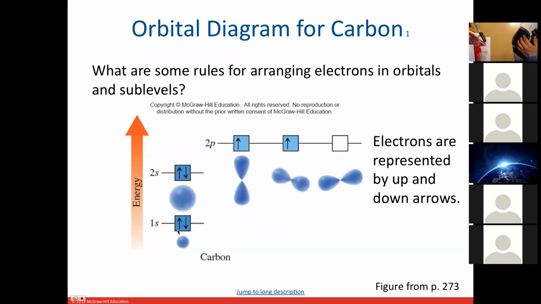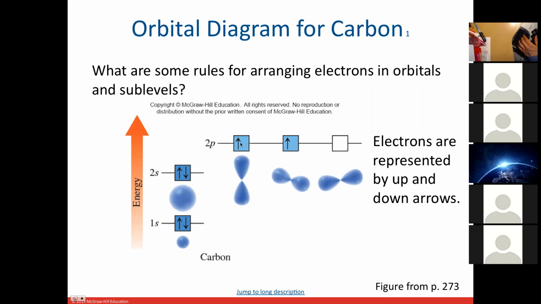Can you guys see the arrows, spin up and spin down? Yeah. And then I would put the next 2 electrons in the 2s until it's full. And then in the 2p, this is actually another rule. This is Hund's rule.